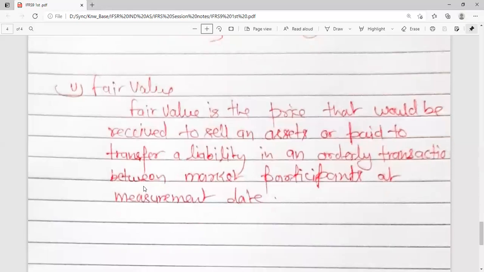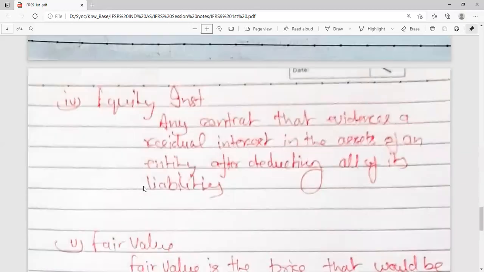Fair value is the price that would be received to sell an asset or paid to transfer a liability in an orderly transaction between market participants at a measurement date. Simply, any fair transaction, that value is a fair value. So these are important definitions in IFRS 9.